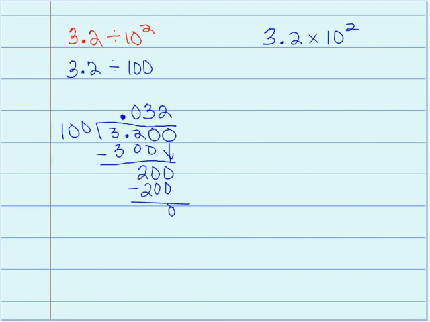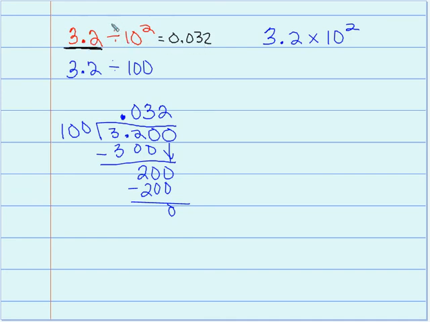Now, take a look at what we started with. We started with 3.2 and we end up with 0.032. Same digits, just that our decimal point has shifted 2 places to the left.